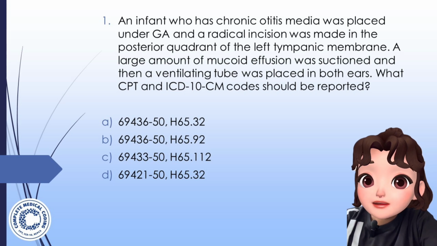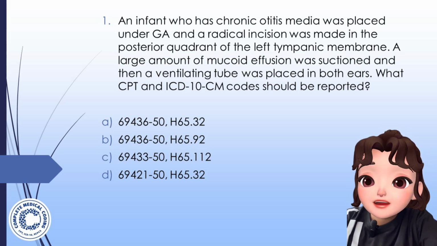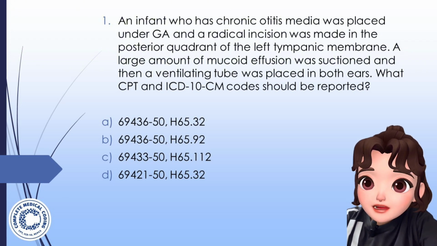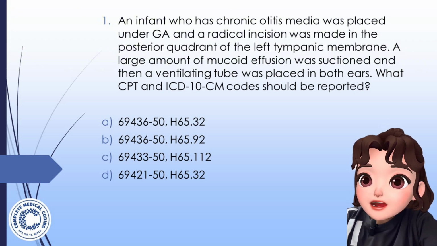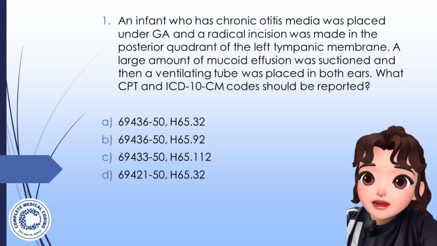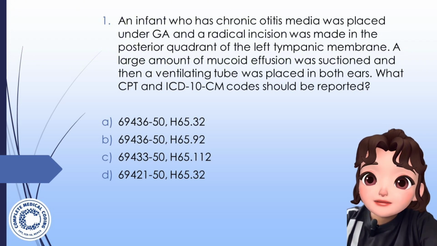It's mentioned here both the ears, so it should be bilateral. Anyway, in our options, the bilateral modifier 50 is mentioned. First let's look into the diagnosis. Chronic otitis media. What is the first diagnosis in the first option?